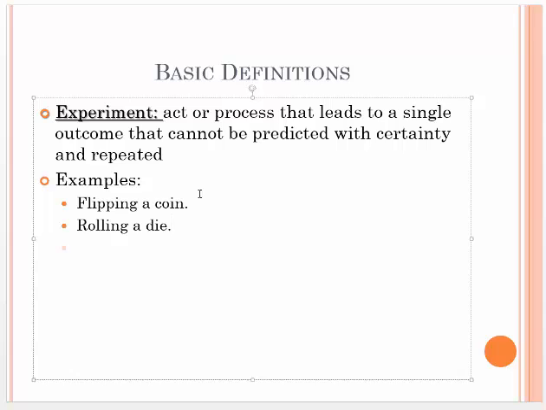The last one is drawing a card from a deck of cards. If I draw an ace, king, queen, 2, 5, 10, whatever, I don't know what I'm going to get, but I can put the card back and repeat it. So right off the bat, we're going to perform some type of experiment.